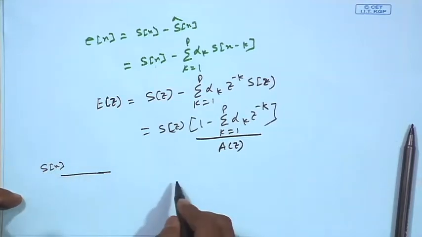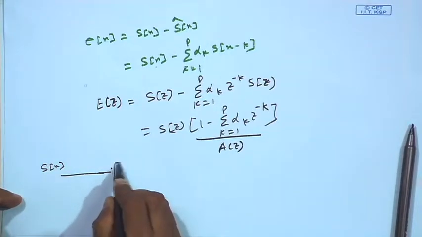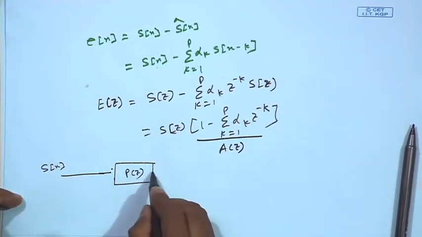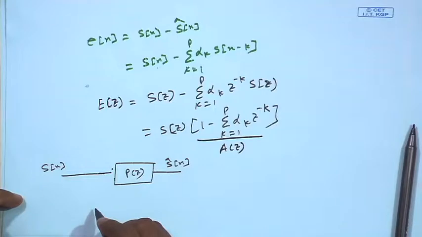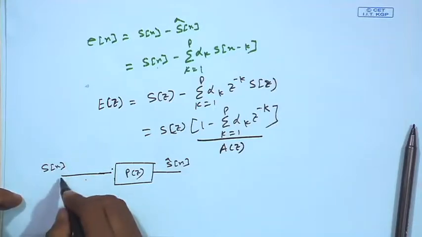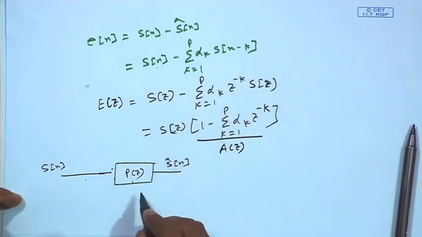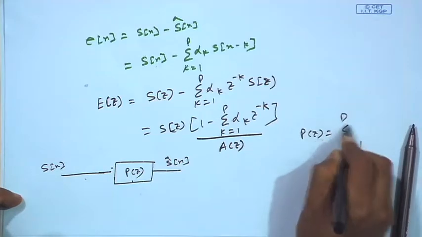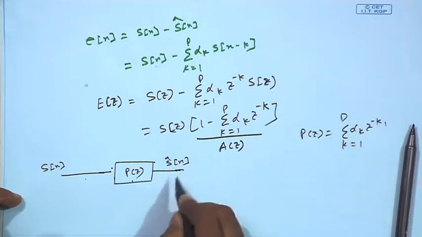If I pass this signal through an estimator, let us write it P(z), I can get the estimated signal, which is S cap[n]. The previous samples of S[n] are passed to an estimator, which is nothing but the sum of alpha_k S[n-k]. So P(z) is nothing but the sum over k equal to 1 to p of alpha_k z to the power minus k, and I get the estimated signal.